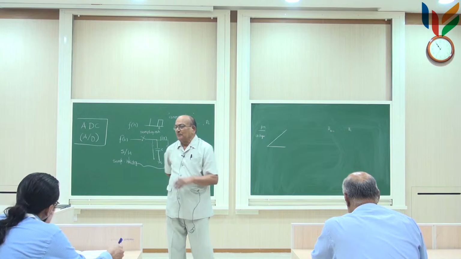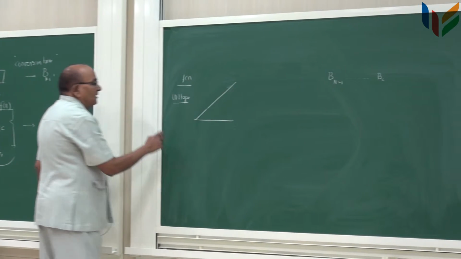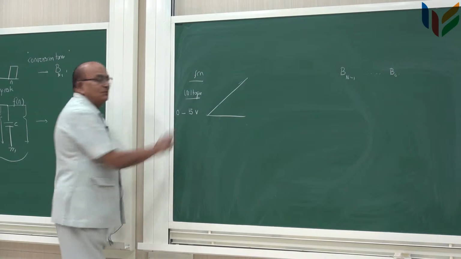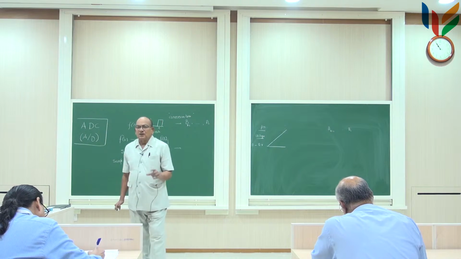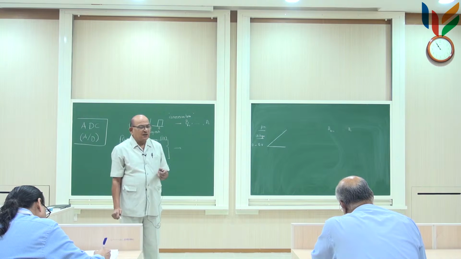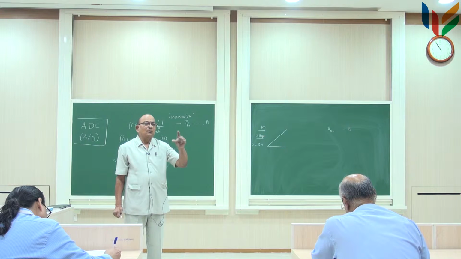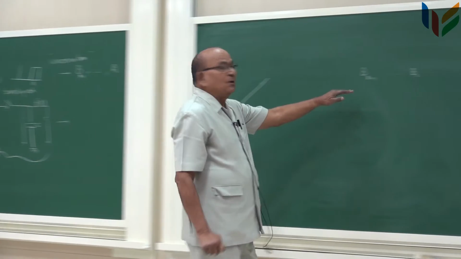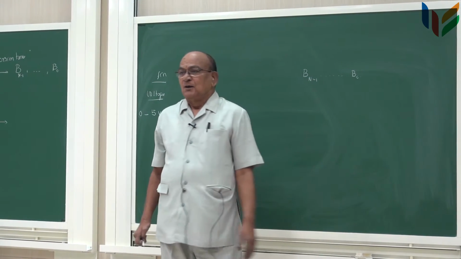So, this waveform, if I use it as part of the system, then I will be able to convert voltage into time. Normally, this voltage here is allowed to be between 0 to 5 volts. It is almost a standard, and the A to D converters restrict the input voltage to be between 0 to 5 volts. 5 volts will correspond to the highest number and 0 corresponds to the lowest number.